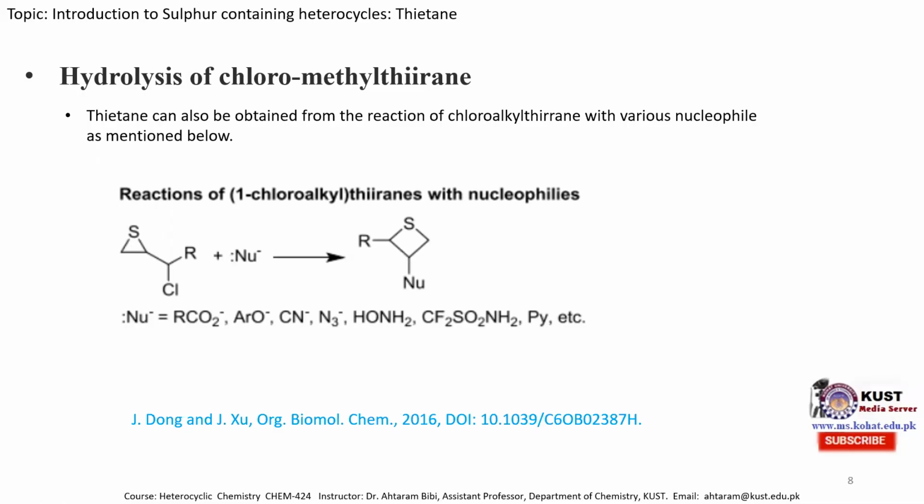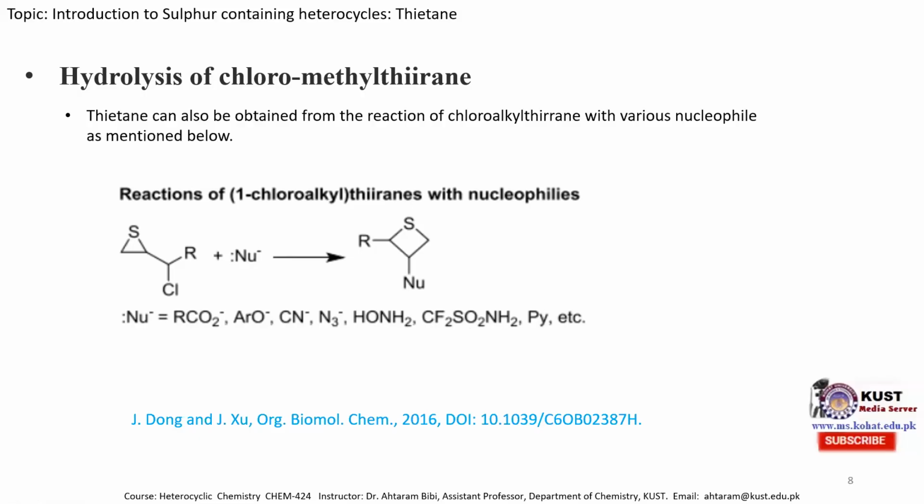So the Thietane molecule can also be obtained from the reaction of a chloroalkyl thiirane molecule with various nucleophiles. The nucleophile may be a carboxylate ion, aryl oxide ion, cyanide, nitride, azide, etc. Even pyridine can be used as a nucleophile in this reaction. In this paper, it is mentioned that various nucleophiles can be used to react with the chloroalkyl thiirane molecule to produce the substituted Thietane molecule.